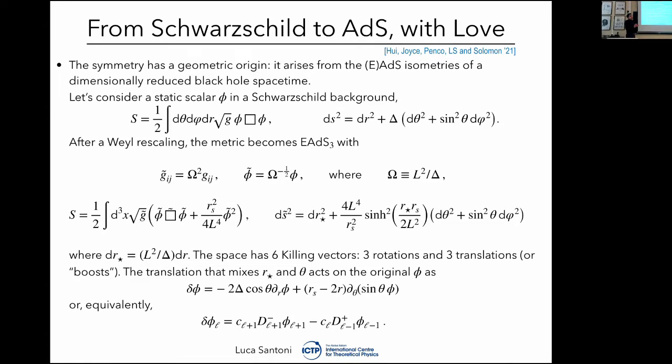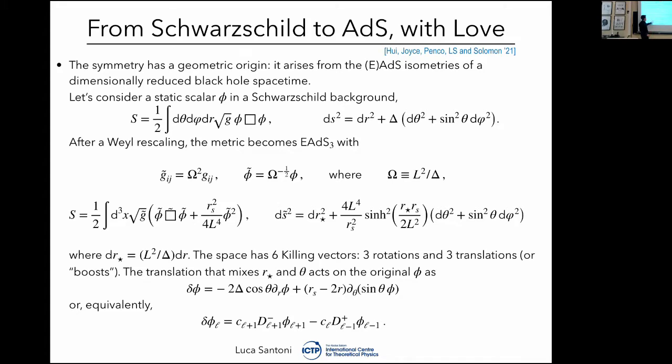This Euclidean AdS3 has 6 Killing vectors, 3 rotations and 3 translations or boosts. The translation that mixes the radial coordinate, here r star, which is related to R in this way, and the angles theta acts on the scalar field in this way.